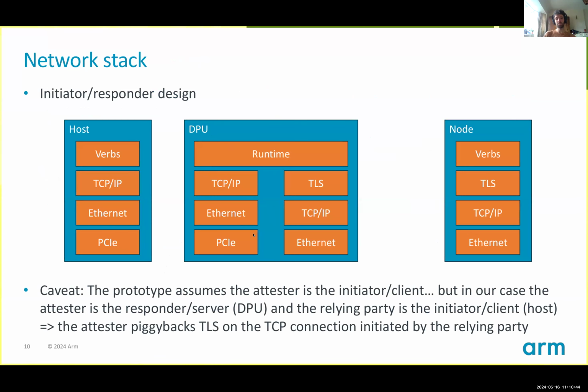It's not used between the host and the DPU because we're already assuming that we will have this TDISP protocol that I talked about, and that we won't need a TLS connection between the host and the DPU because it will already be implemented in hardware at the PCIe level. So yes, we're using attested TLS between DPU and node at the moment.